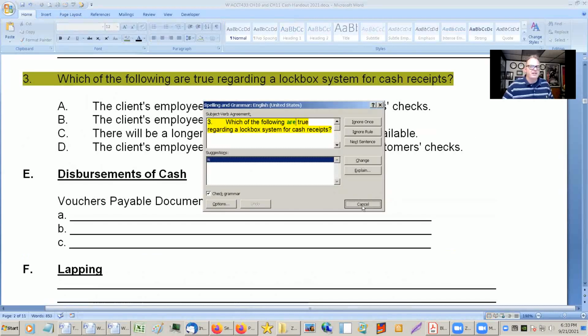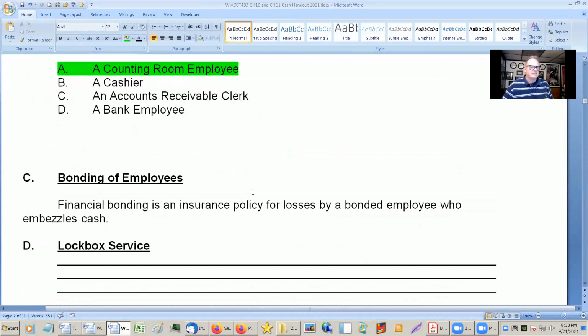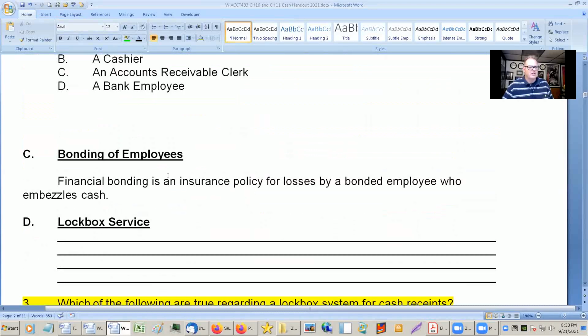It's usually for people who handle cash, cashiers, people who work in finance. In essence it is just an insurance policy for a company for losses if someone embezzles cash from them.